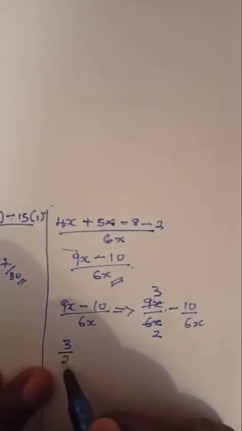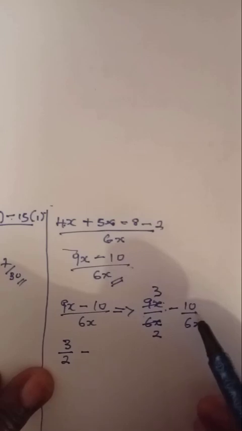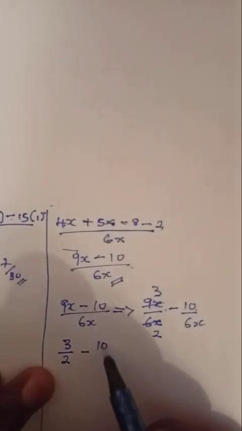So we have 3 all over 2 minus, since 10 is a constant and we have a variable beneath, we cannot divide them, so we leave it as 10 all over 6x.